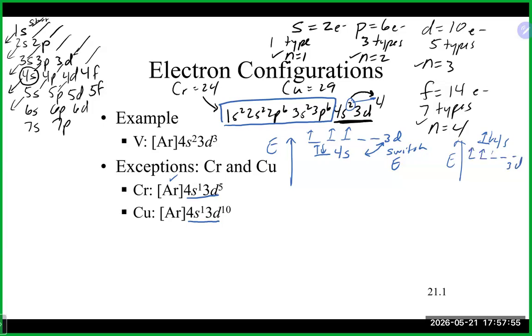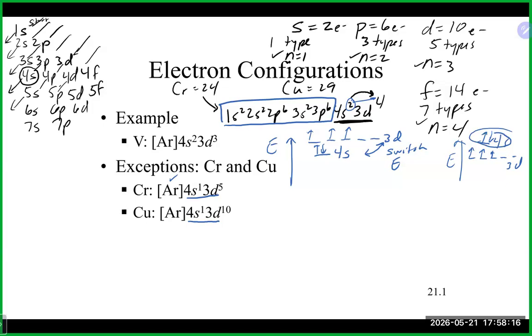That's really important for transition metals when they become ions. When transition metals lose electrons, they will always lose their s electrons first, and then they will dip into the d orbitals if they need to lose more electrons.